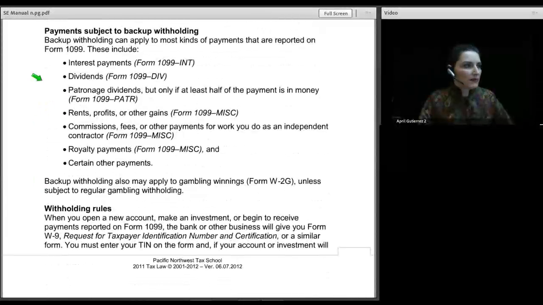All of the following types of payments are subject to backup withholding. They include interest, dividends, patronage dividends, rents, profits, or other gains, commission fees or other payments for work you do as an independent contractor, royalty payments, and certain other payments.